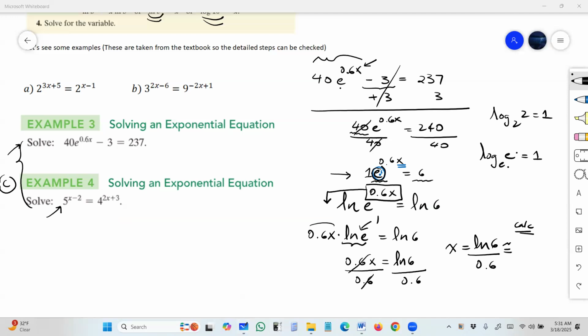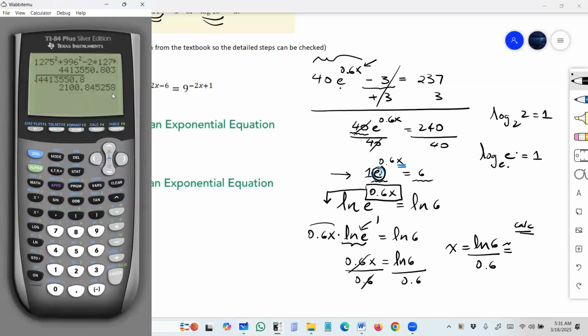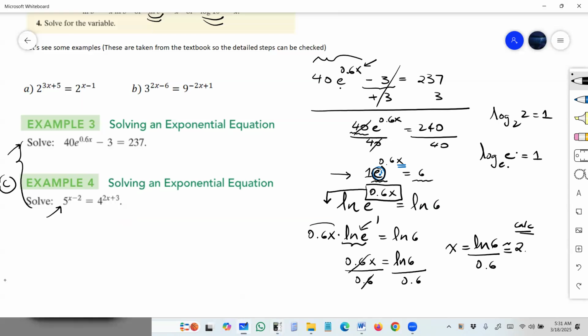I don't know if you're going to see it on the video, I think you will. So ln 6 divided by 0.6, and we get approximately 2.98. And there you go. This is my answer.